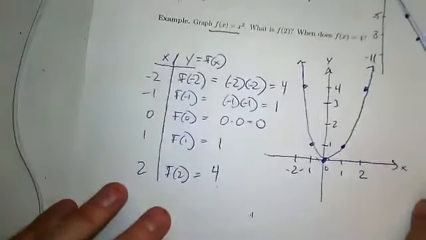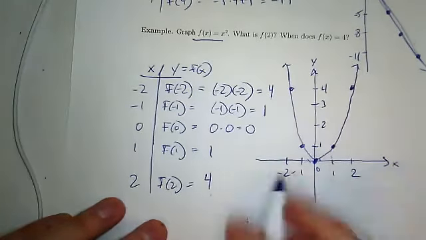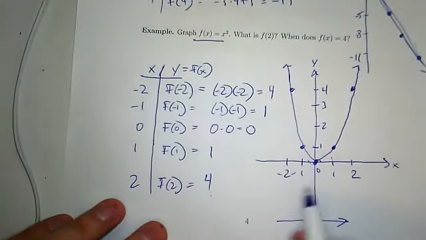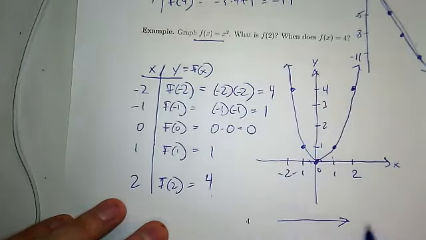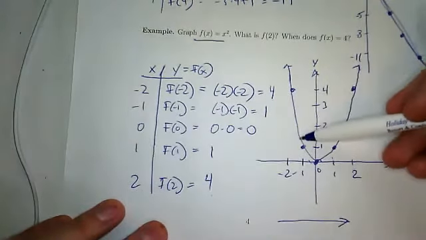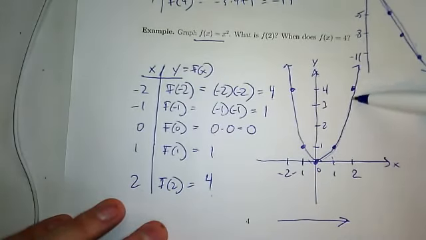Now, this quadratic that I mentioned a minute ago is completely different. Again, I'm going left to right, reading it kind of like you read a book. As I go from left to right, my y values are decreasing. And you hit 0, and the y values start increasing again.